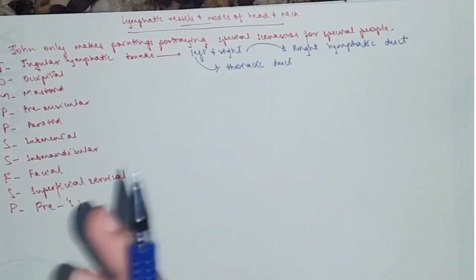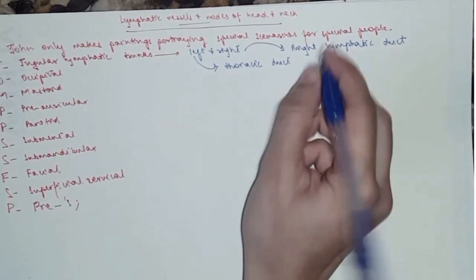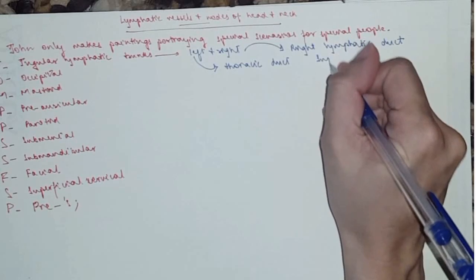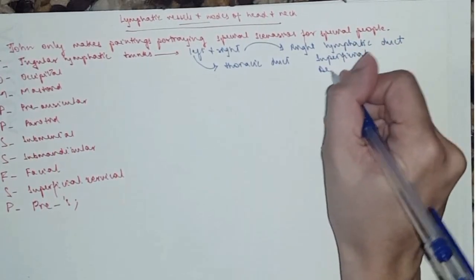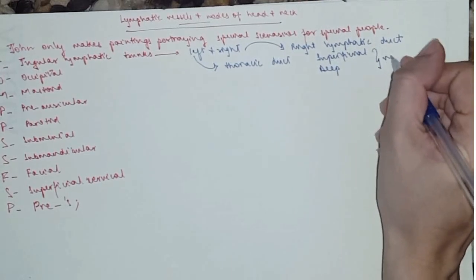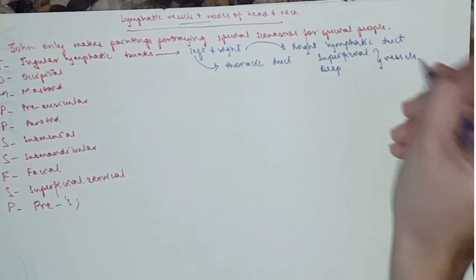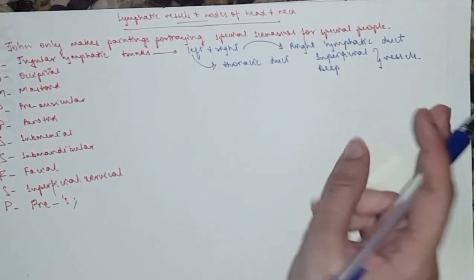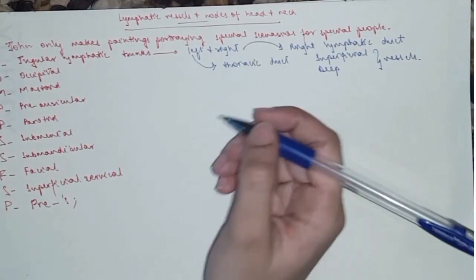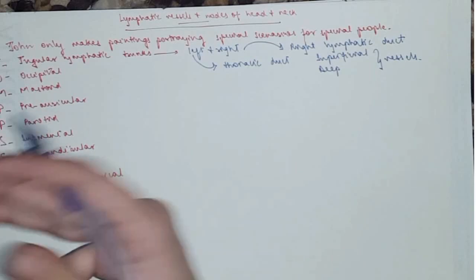Okay, so you've got the lymph nodes now. These are the vessels. So you've got the superficial and the deep vessels, right? They drain into the lymph nodes, which we said were superficial and deep lymph nodes again.